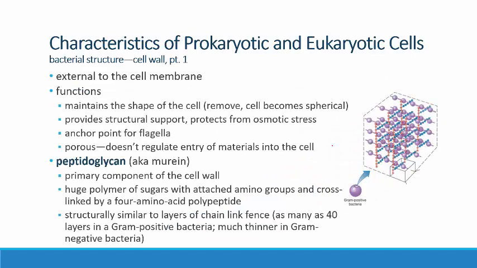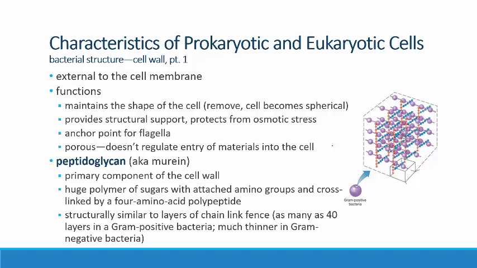But where we want to really put our focus right now is on the cell wall and the cell membrane. So the cell wall is external to the cell membrane, and its primary function is to maintain the shape of the cell, to make sure that the cell is able to withstand any osmotic stress and to hold and protect the cell membrane, which is a much, much weaker structure.